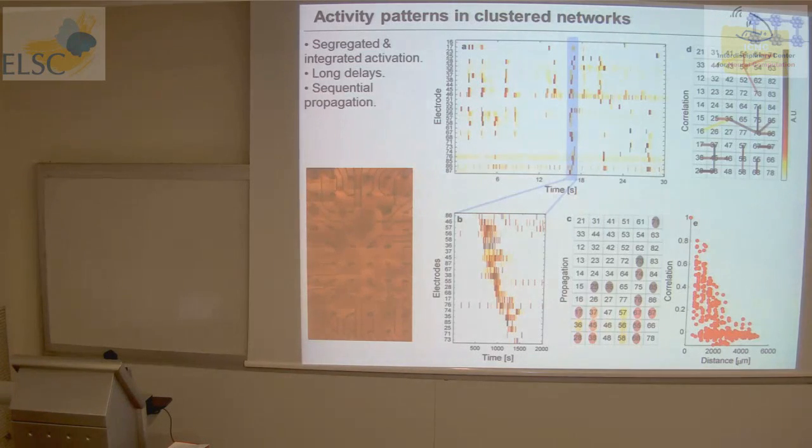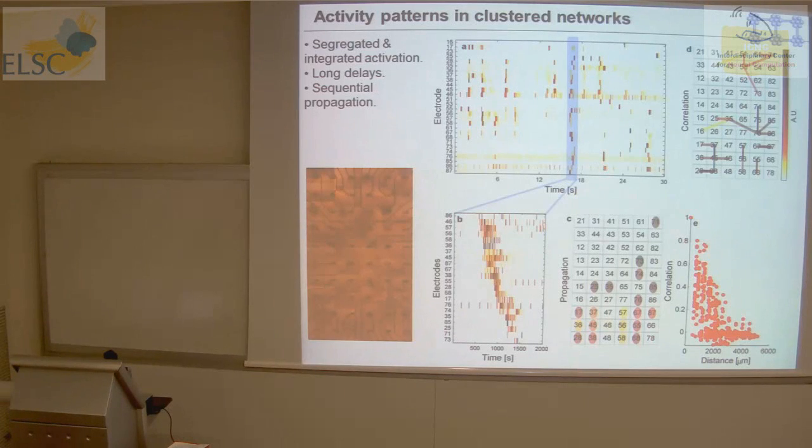And if you zoom into one of these bursts and reorder the electrodes according to the center of mass of the activity, then you see again the sequential propagation, and you also see the long time delays, because, for example, the last cluster here is activated long after the first cluster has finished firing, so the delays accumulate, and you get eventually very long delays.